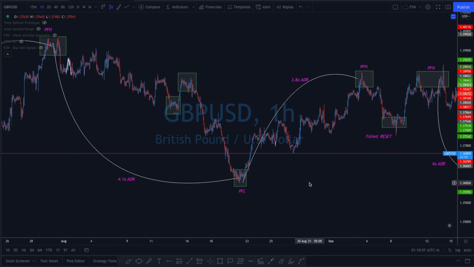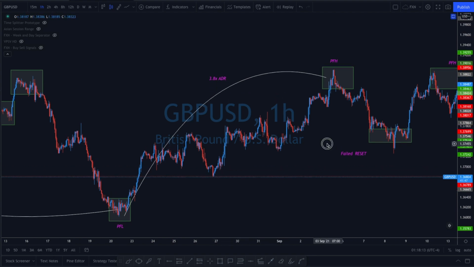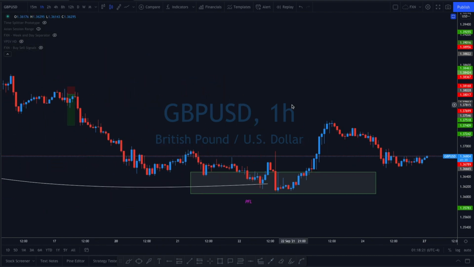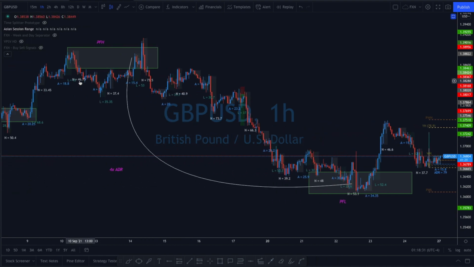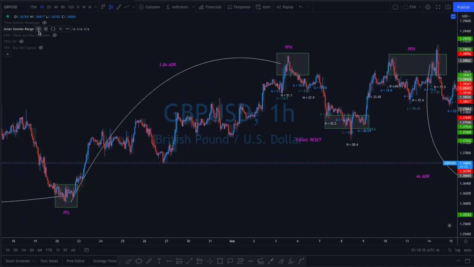So look at, for example, this big piece here that we have. It's 3.8 times ADR, if I'm not mistaken. Let me double check this, because this is a different ADR right here. So the ADR is 79. A full cycle is about 237 pips or so, right? 237 pips.